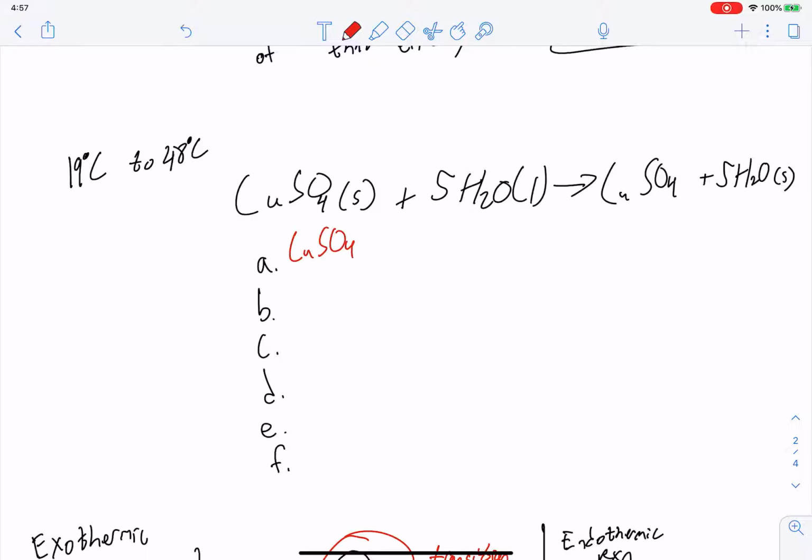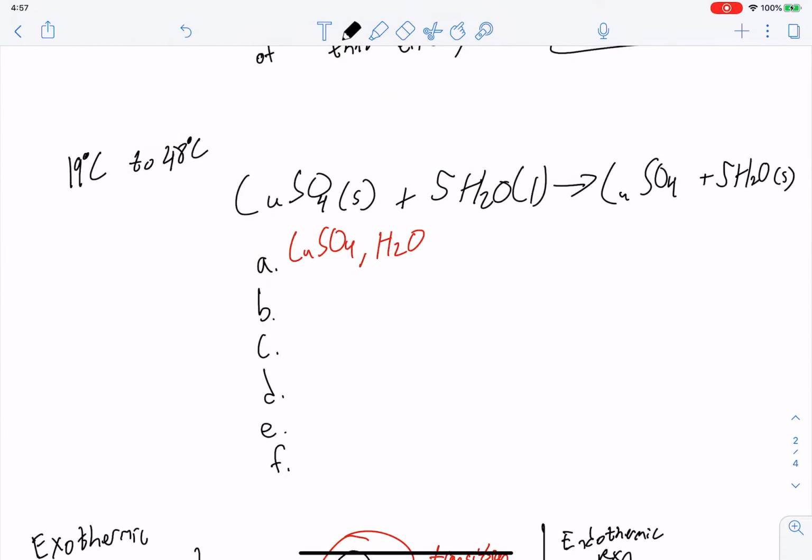Copper sulfate. And then the water is part of the system as well, right? These are our reactants because they are both changing forms of matter.